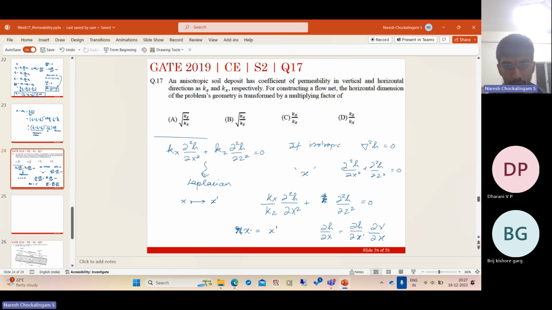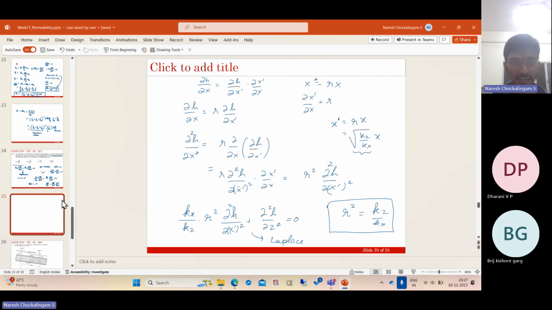You're scaling. What does this mean? The horizontal dimension, which is the x lengths, is scaled by a factor, the scaling factor r. How do we choose the scaling factor? You choose it such that the equation transforms to the Laplace equation. So r squared should be equal to kz by kx, which means r should be the square root of kz by kx.